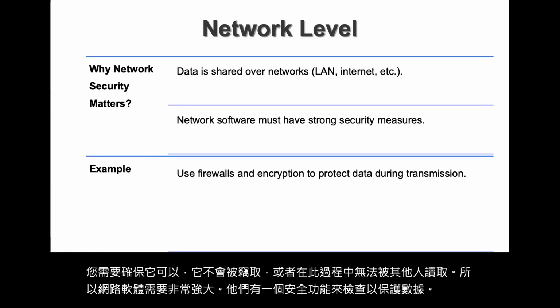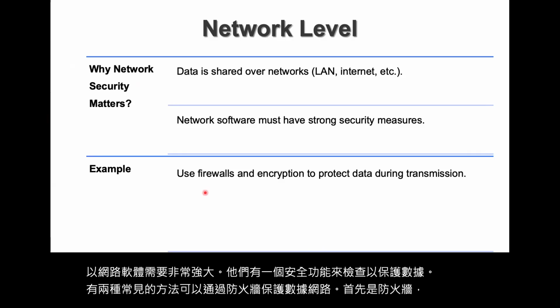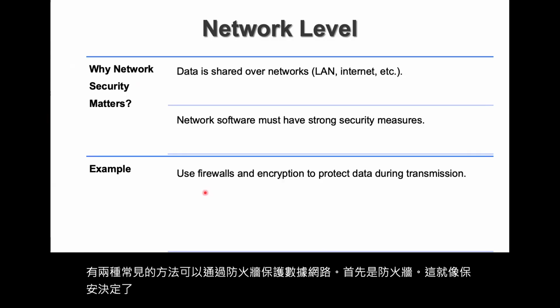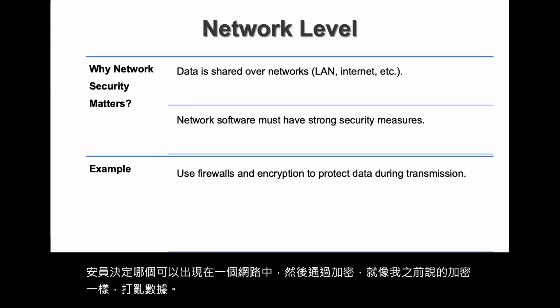There are two common ways to protect data on networks. First is the firewall. It's like a security guard which decides what data comes in and goes out of a network. And then encryption. Encryption, like I said before, scrambles the data.